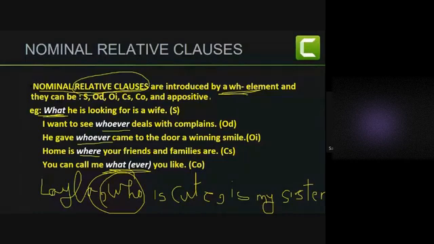You notice that here we have a complex sentence. Within the complex sentence we have used nominal relative clauses. He gave whoever came to the door a winning smile. This is the first sentence and this is the second sentence. Two sentences, a complex sentence. Keep this in mind. Home is where your friends and families are. You can call me whatever you like or whenever you like. Okay?